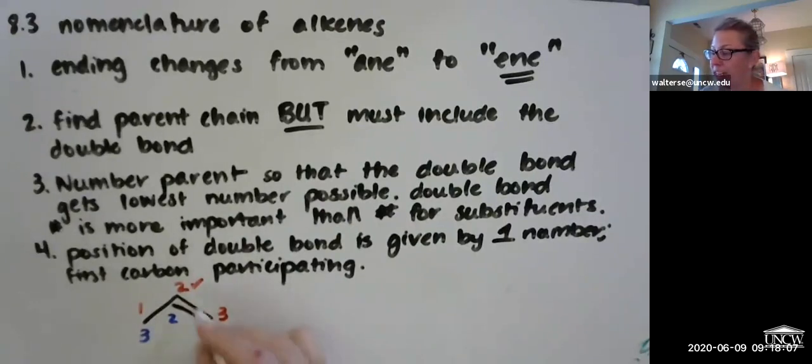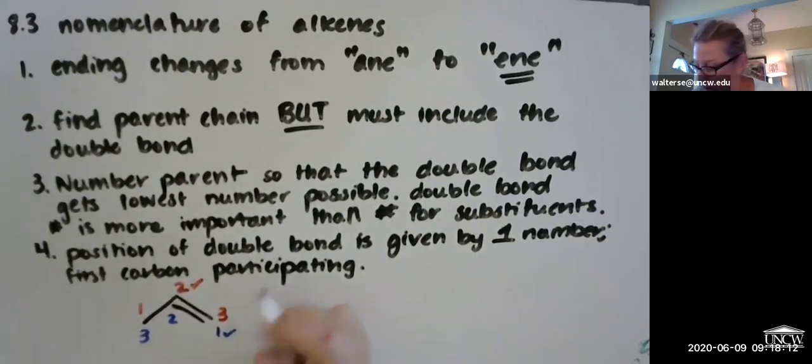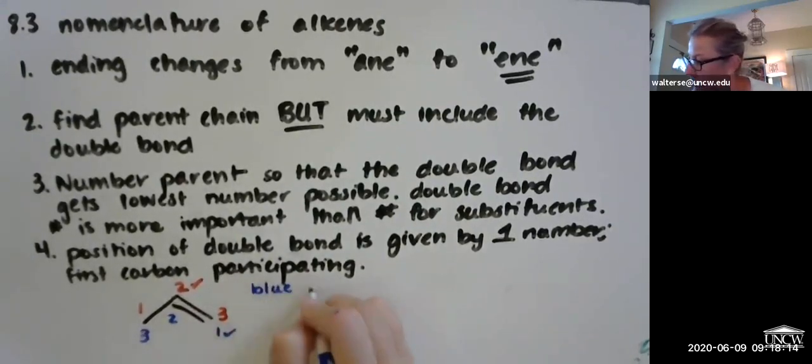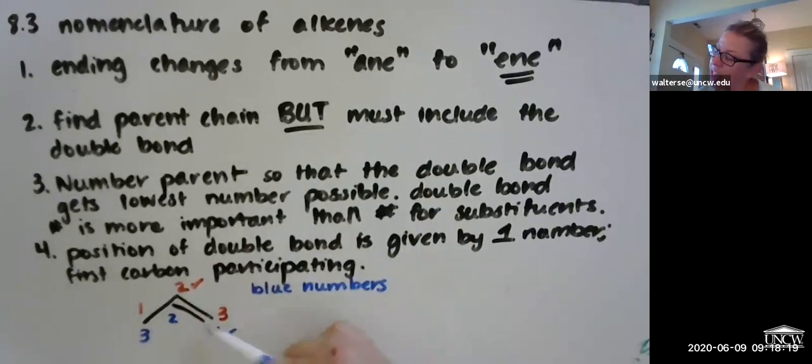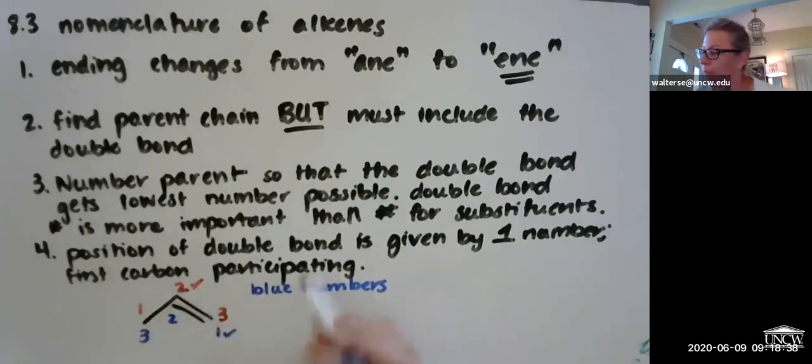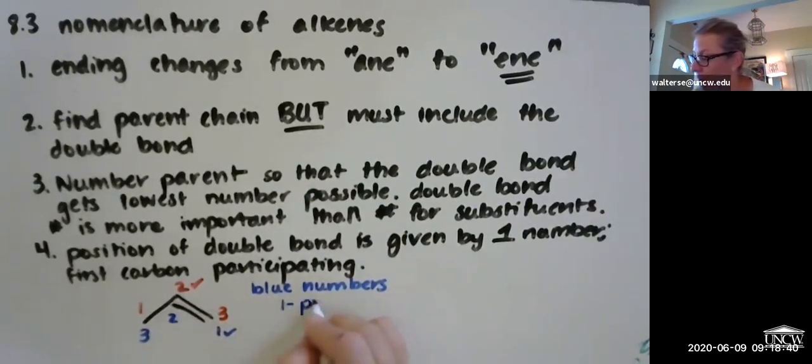Okay, so since 1 is a lower number than 2, the blue numbers are the better numbers. So if we name this and we're saying that our origination point, the first carbon that participates in the double bond is carbon 1, you don't have to say that it goes to carbon 2, it's implied. It goes from 1 to 2. So this would be 1-propene.